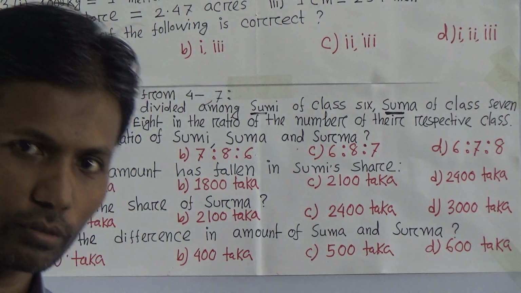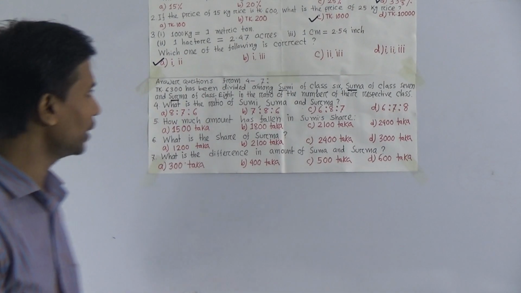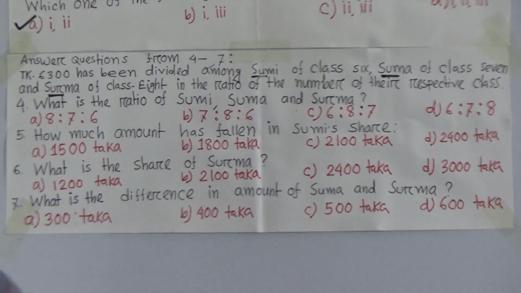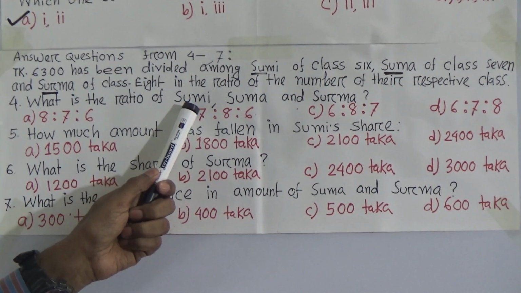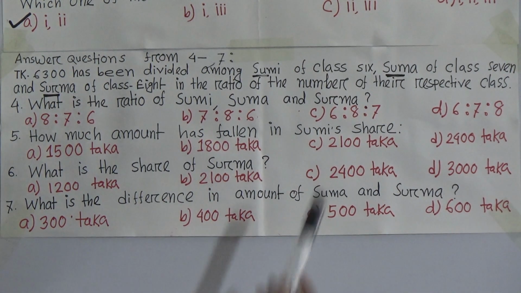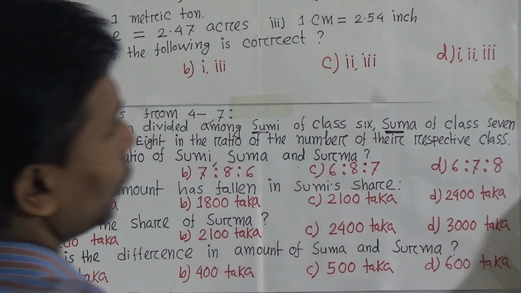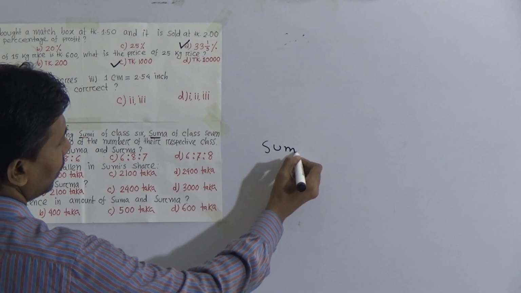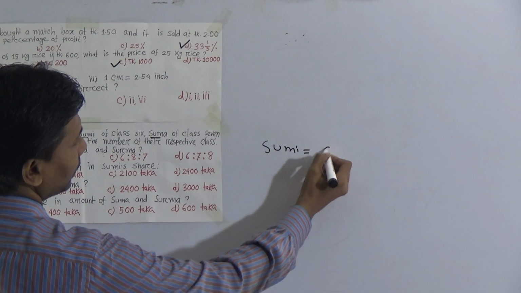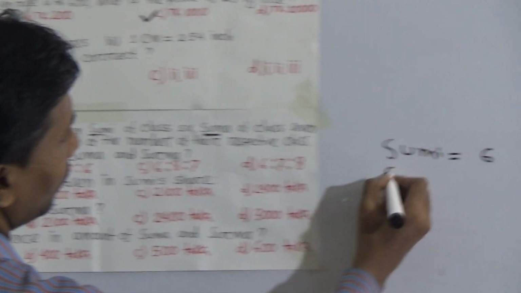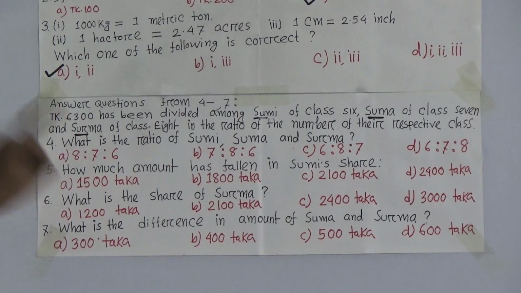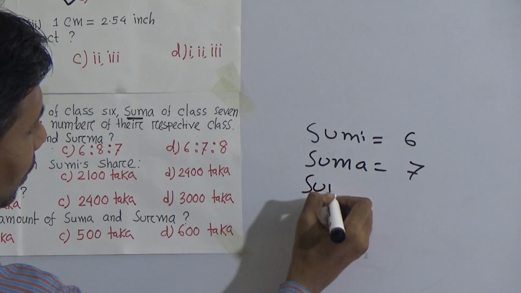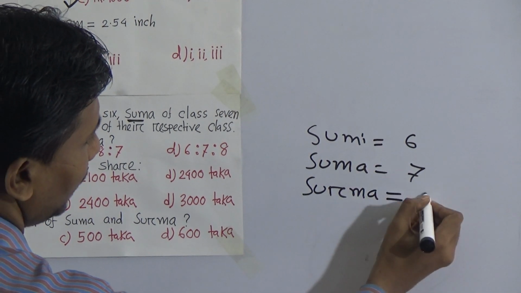Dear student, you have to be careful about this question because you see all the names are almost similar. Okay? Look, what is the ratio of Shumi, Shuma and Shurma? You see, Shumi is 6, Shuma is 7, and Shurma is 8.